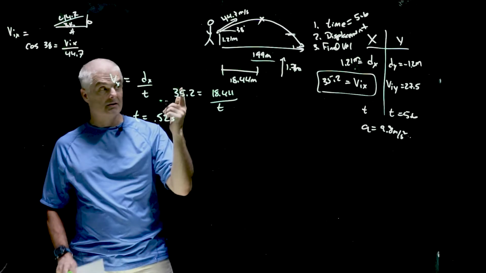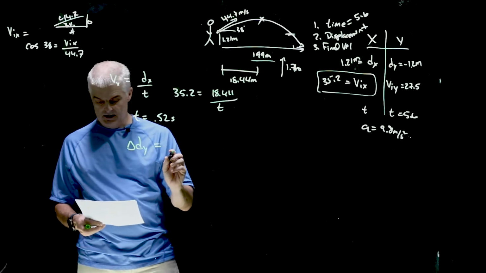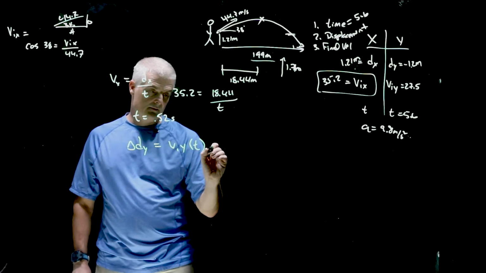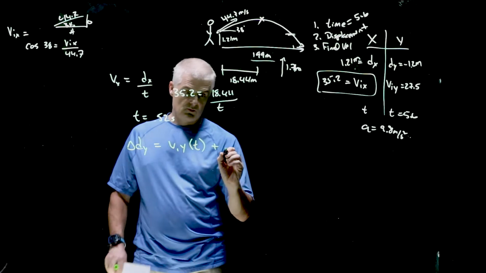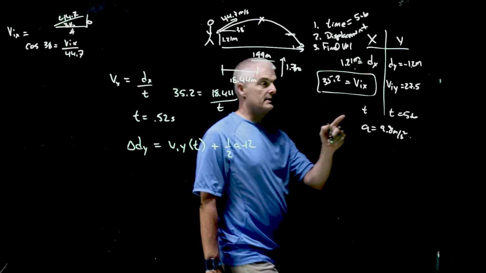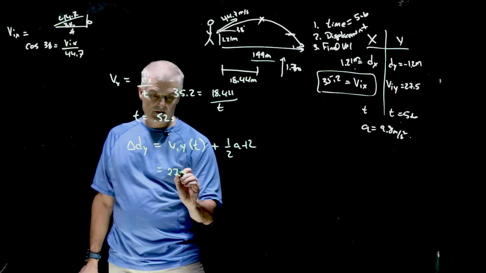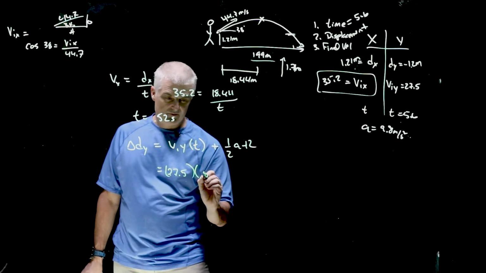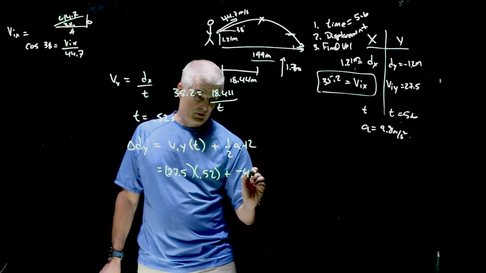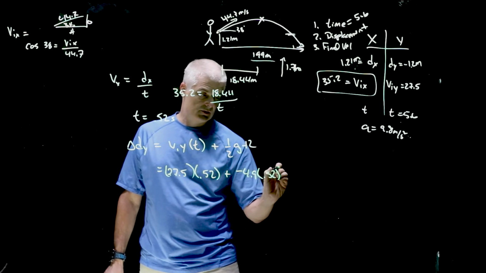Now we plug this into the y equation. Delta y is equal to V_iy times delta t plus 1/2 a t squared. V_iy is 27.5, so it equals 27.5 times our time, 0.52 seconds, plus negative 4.9, since g is negative, times 0.52 squared.